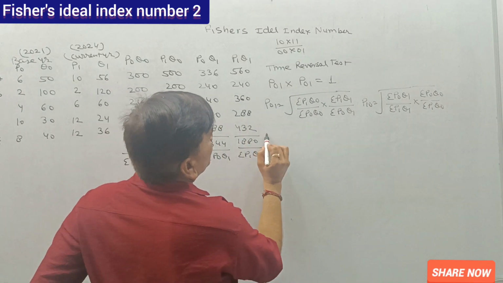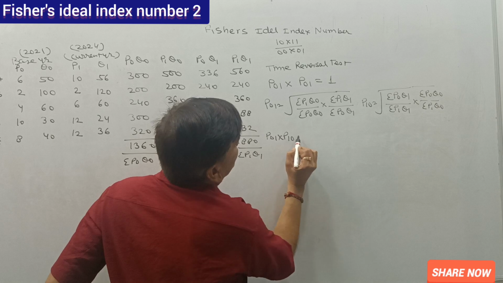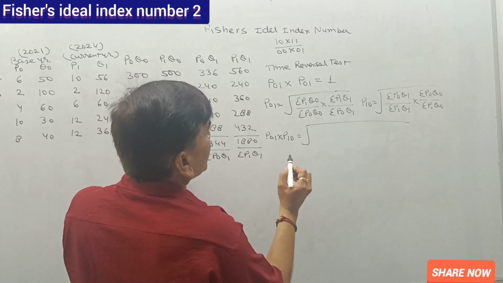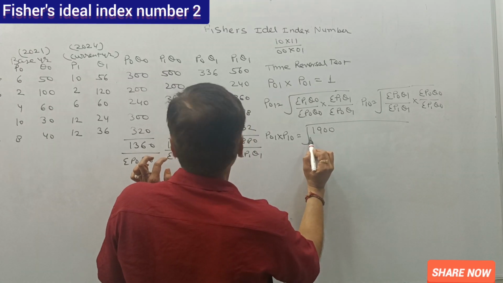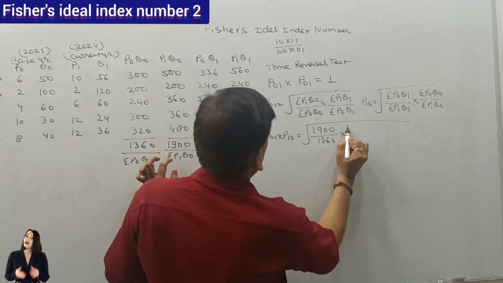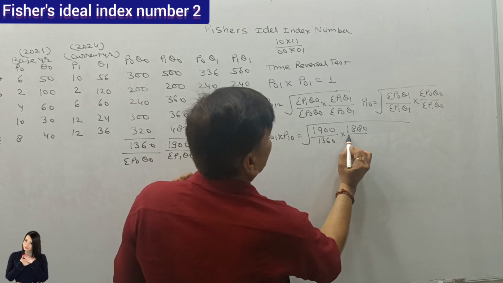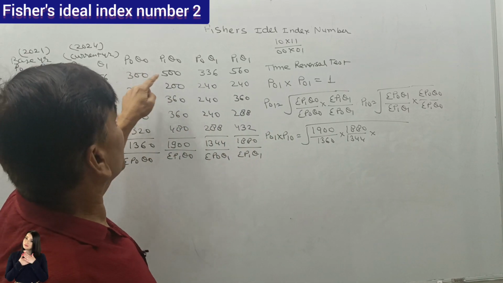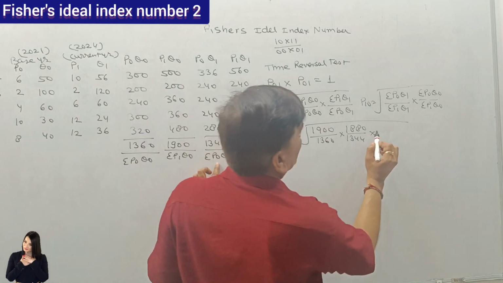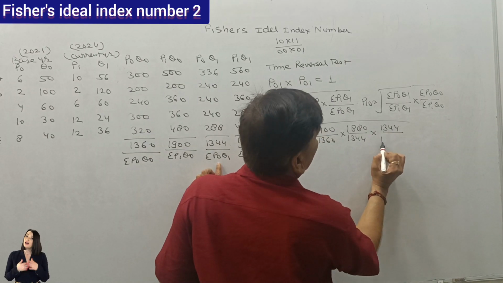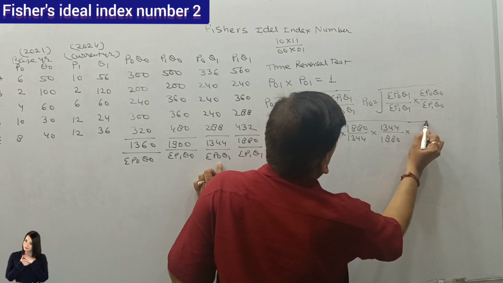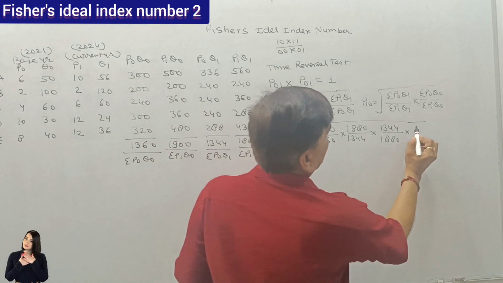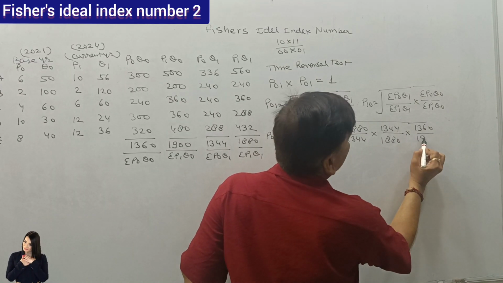So multiplying P01 and P10 together, first one is 1900 divided by 1360, multiplied by 1880 divided by 1344, multiplied by P0Q1 1344, P1Q1 1880, P0Q0 1360, divided by 1900.